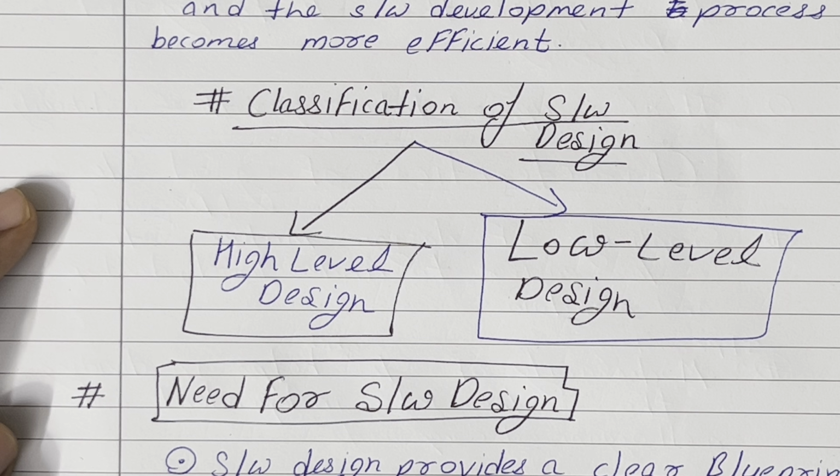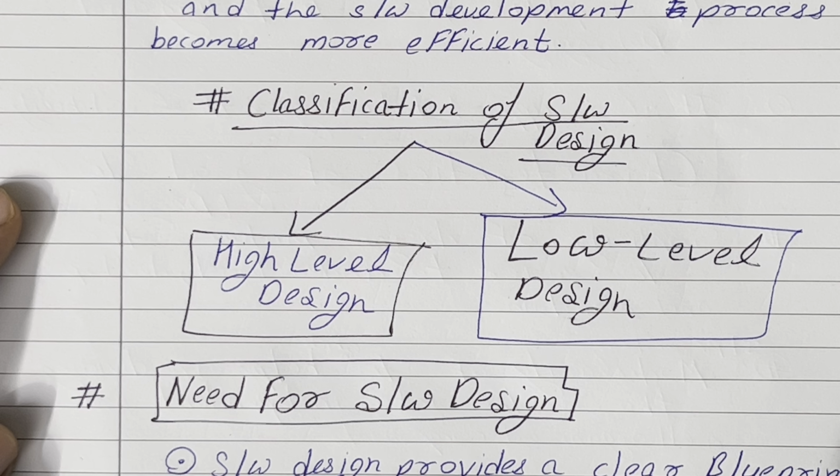And instead of concentrating on implementation details, high level design explains how the entire software system is organized and how different components interact to achieve the required functionality.